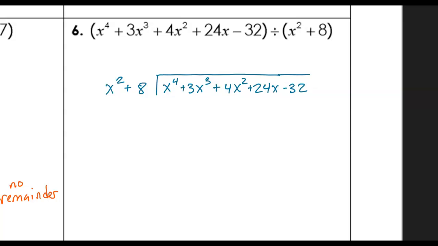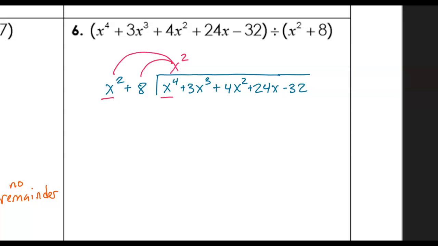So, how many times does x squared go into x to the 4th power? What do we multiply x squared by to get x to the 4th? x squared, good.